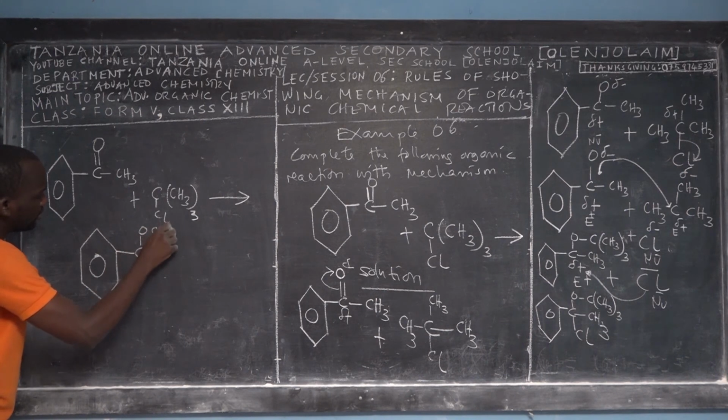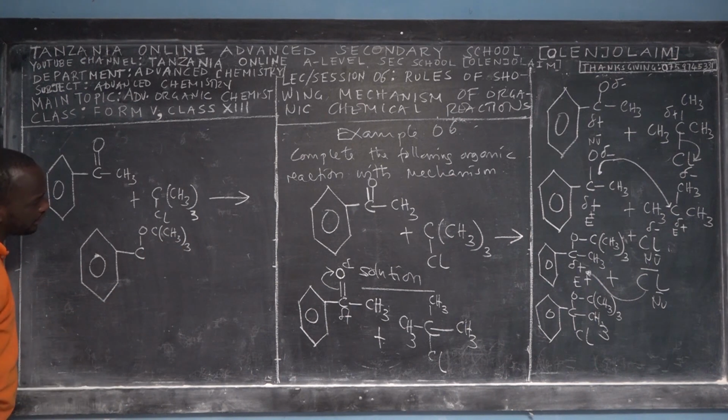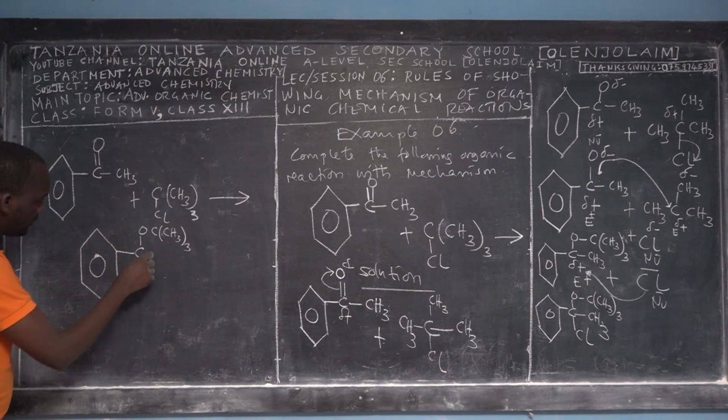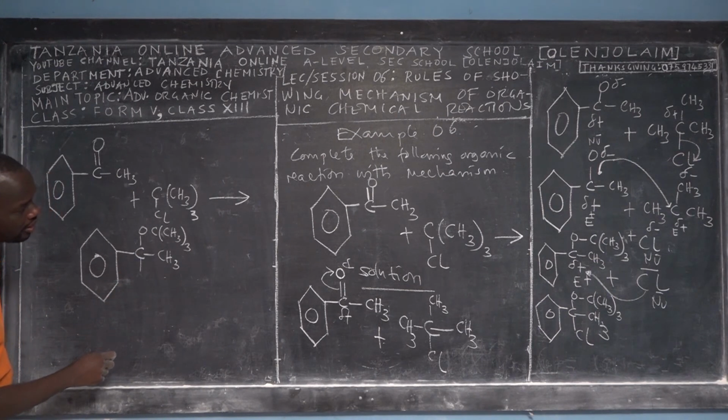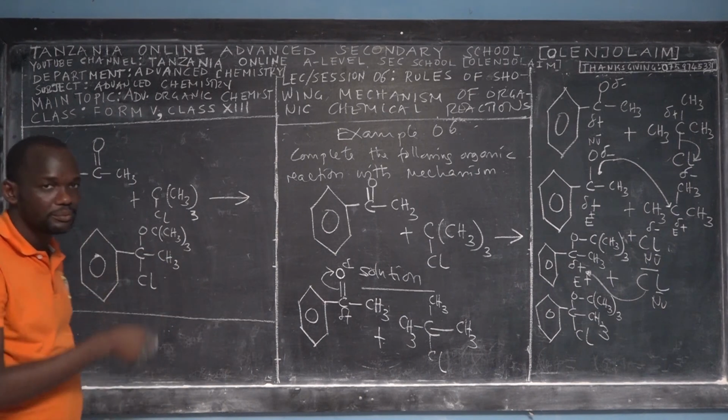This is C, CH3, 3. This guy is chlorine. That's the end product.